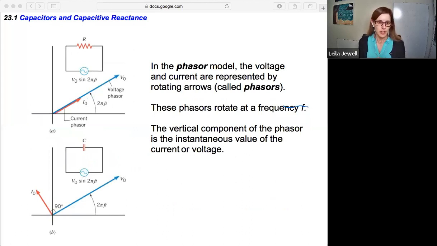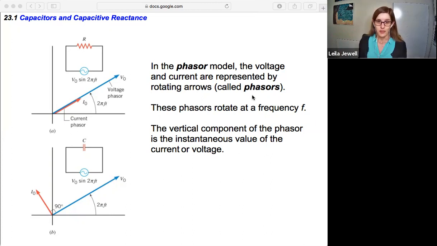So the phasor model is conveying the exact same information of the past two slides, but with arrows instead of drawing the squiggly sine waves. So we have the voltage and the current that are represented instead of sine waves by rotating arrows, which we call phasors.